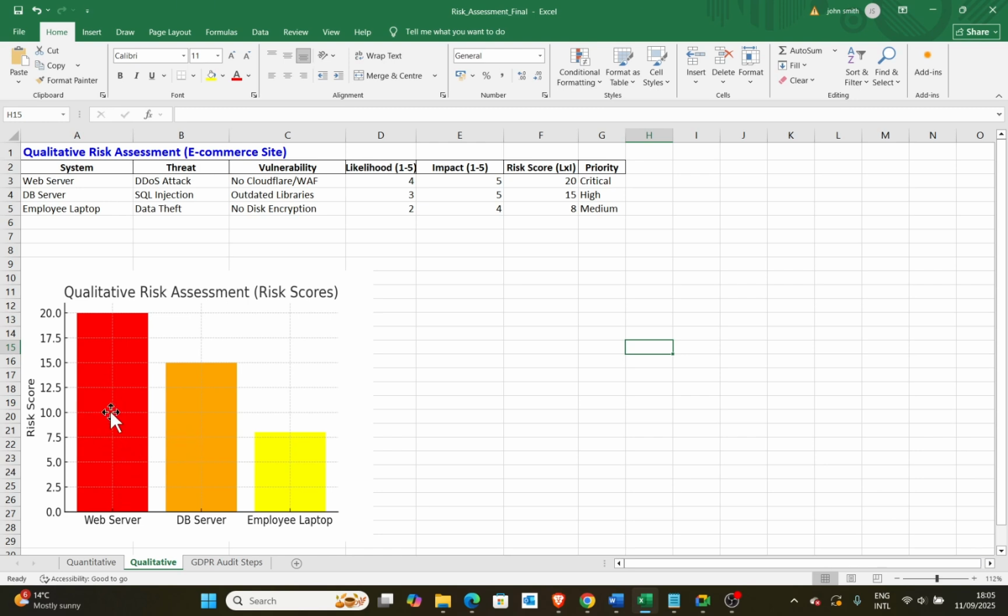So this demonstrates the SQL injection is critical because the risk score is 20. The database is 15, while the employee laptop is 8. So this is how you are going to demonstrate it to the executive as a cybersecurity analyst.